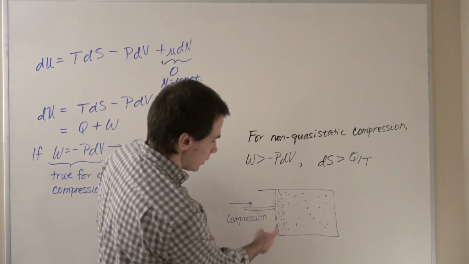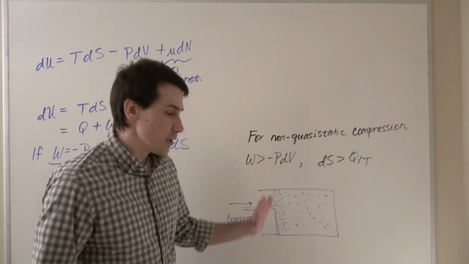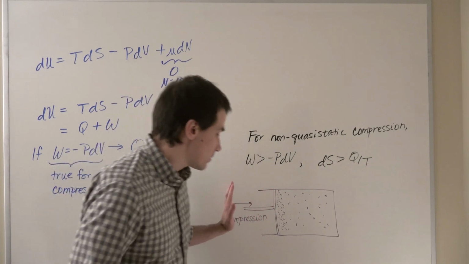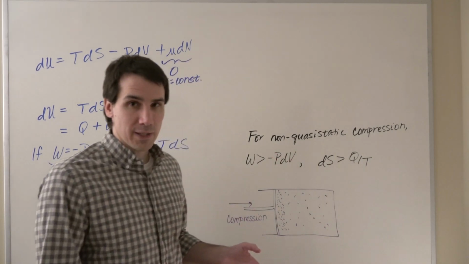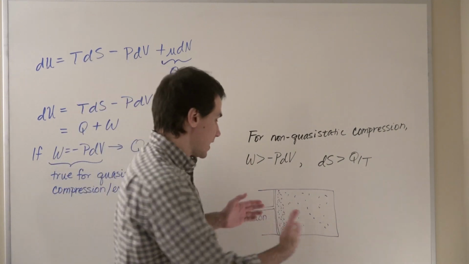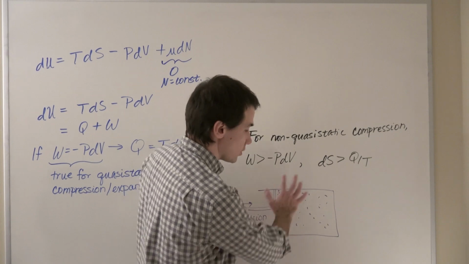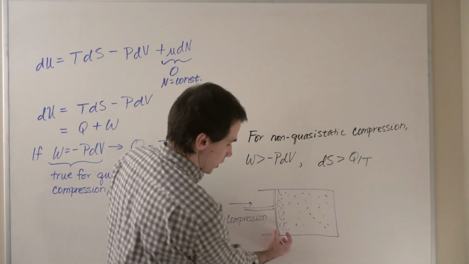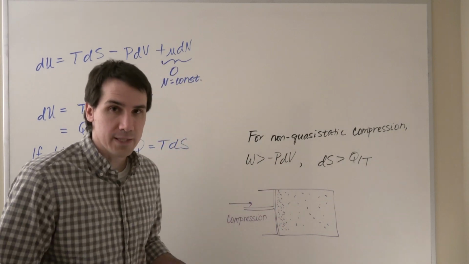In that case, you could have particles build up next to the piston. So the piston is moving this way very, very fast, much faster than the average speed of molecules in the gas. The molecules can't recalibrate themselves in time such that you have a uniform pressure throughout, and pressure ends up building up on the side of the piston there.